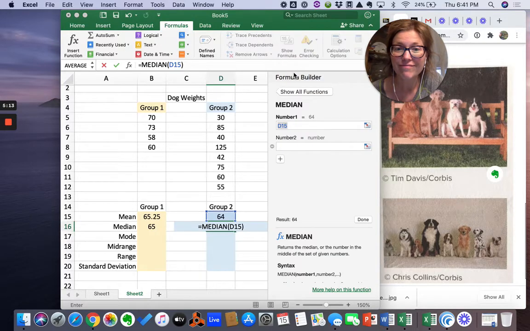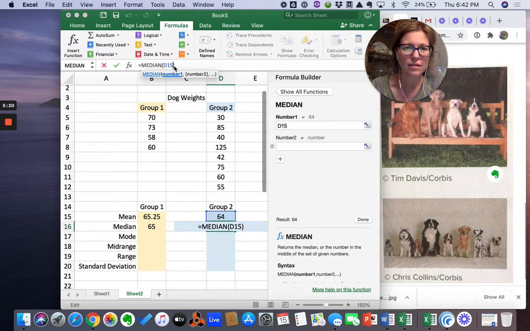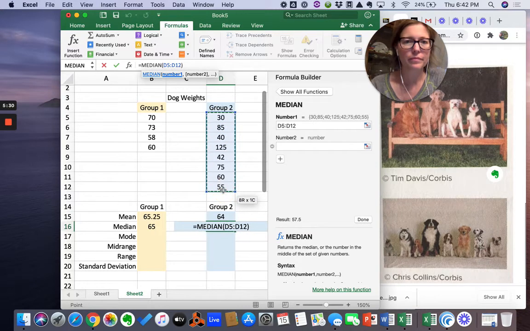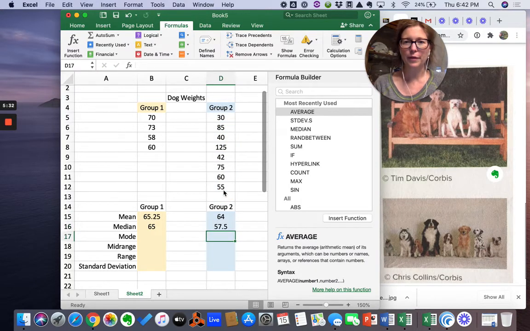There it is. I want to find the median, not of D15, but of this group. There we go. Okay.